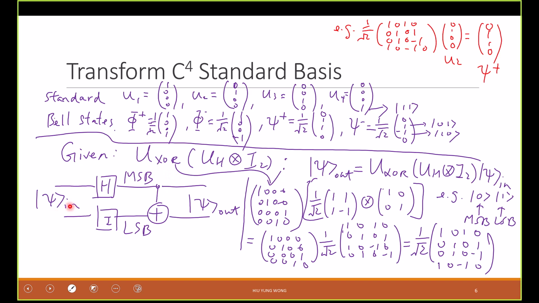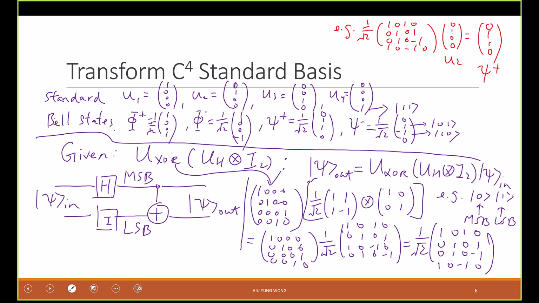In circuits, the convention is we go from left to right. So that's why you need to draw the gate it encounters first on the left, and then the gate it encounters last on the right. And one more important thing is to realize where the MSB and LSB are, how you draw the circuit. The result is the same, but it needs to be consistent.